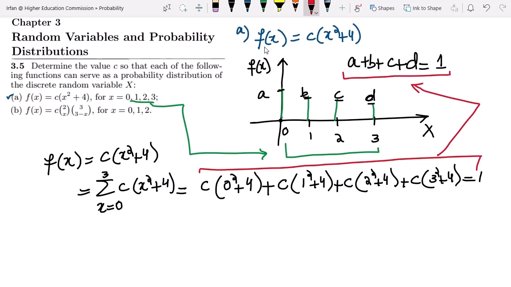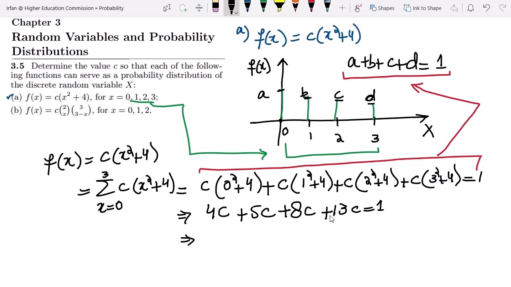So let me expand it further. By writing it here, I will get 4c here, 1 plus 4 is 5, this will be 5c, okay, here 2 squared is 4, 4 plus 4 is 8, here 8c, plus, here it would be 9 plus 4 is 13, so here 13c would be equal to 1, okay.